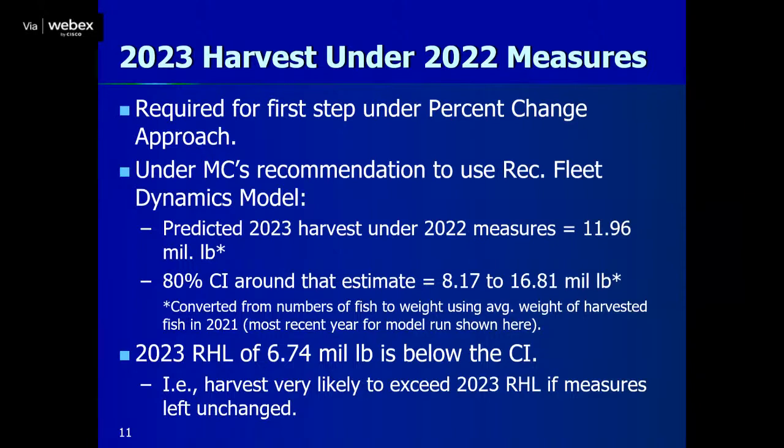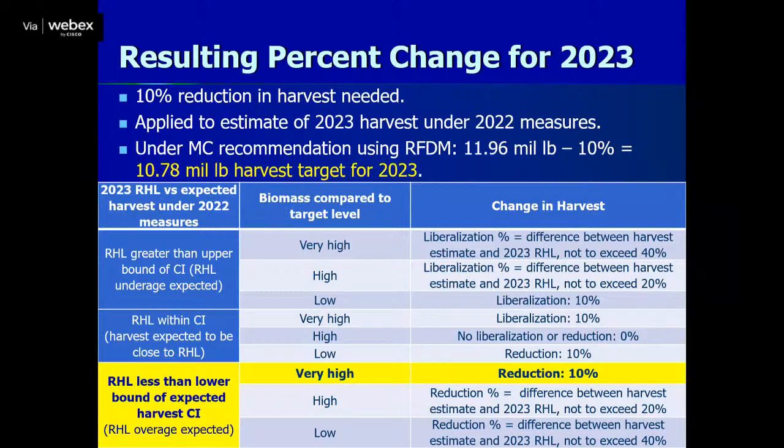This is just showing the values of the confidence interval based on the monitoring committee's recommendation. The key take-home message is that next year's RHL is below the confidence interval, which puts us in that bottom row of the percent change approach table. It means that harvest is very likely to exceed next year's RHL if measures are left unchanged, which is basically what this slide is showing.